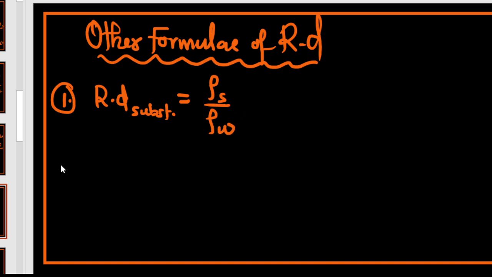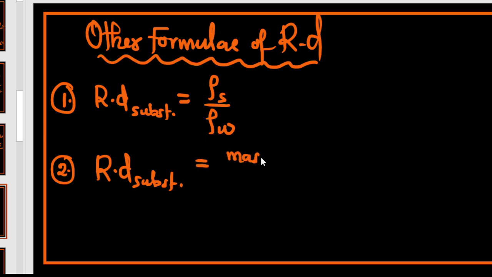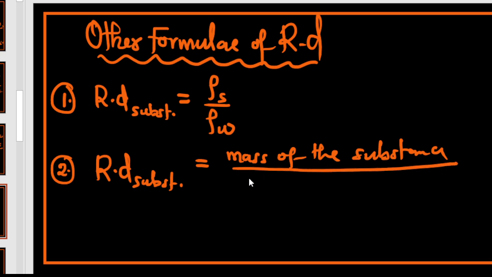Okay, number 2. RD of a substance can be seen as mass of the substance over, now take note of what I'm about to write, mass of, now watch, I'm putting this in capital letters so that it will be very emphatic, EQUAL VOLUME OF WATER.